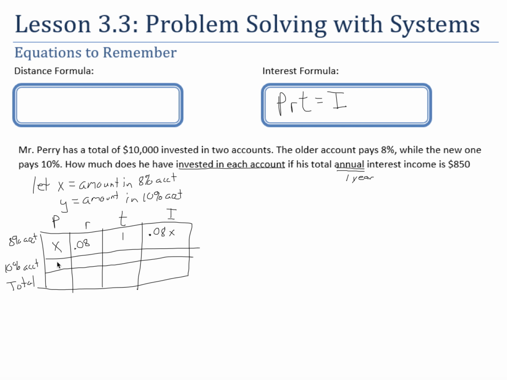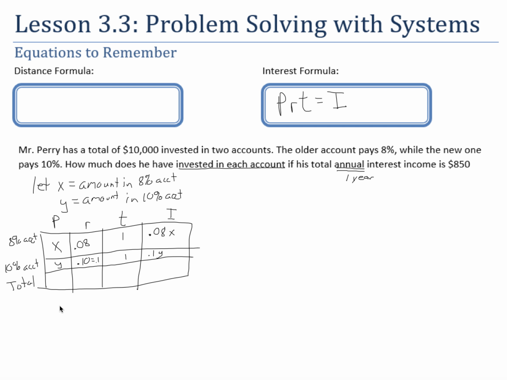For the 10% account, our skinny row here, our principal is y. We don't know what that one is. Interest rate is 10%, so 0.10. Turns out we don't need that 0 there, so just 0.1. Still annual interest, so this is 1, and multiplying these all together, we get 0.1y.